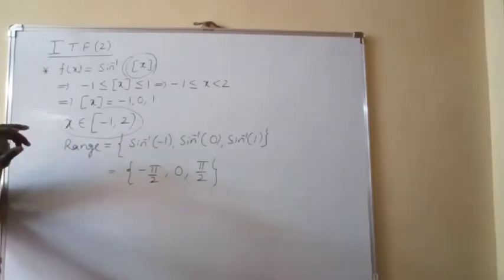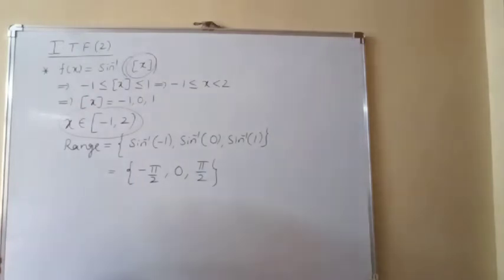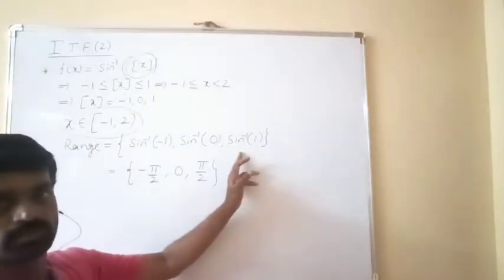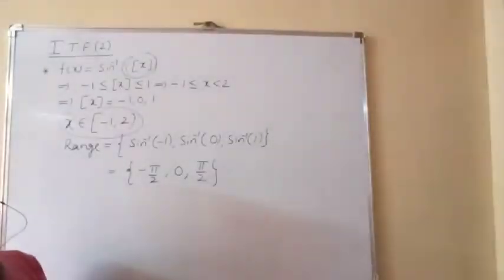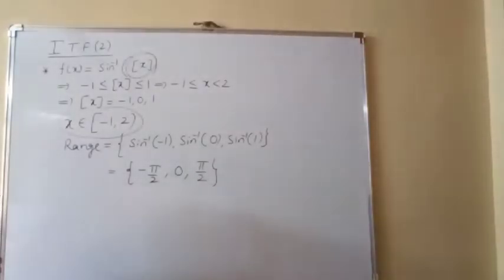All the numbers between 0 and 1 including 0 map to sine inverse 0. And when x lies between 1 and 2, 1 included, all those elements map to sine inverse 1, because for those values of x, step x is 1. So the range contains only 3 elements: minus pi by 2, 0, pi by 2.